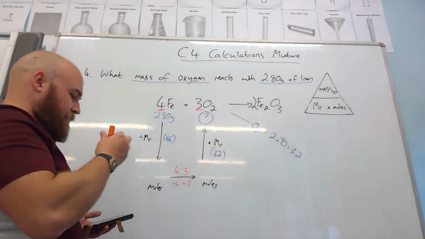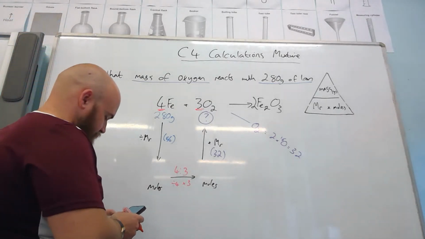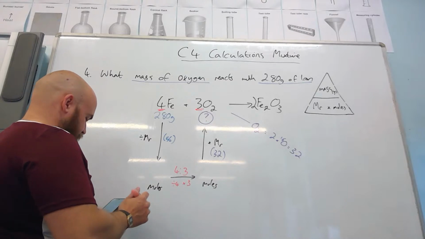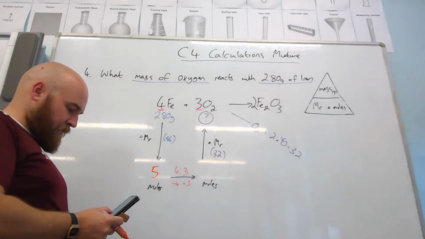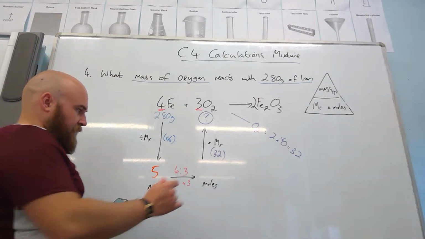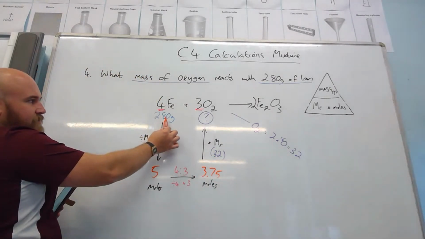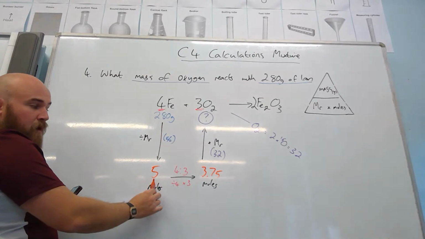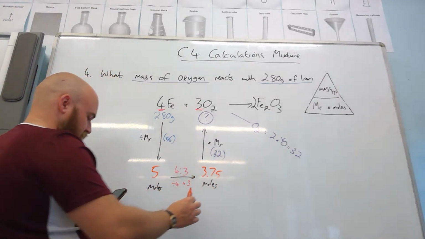So, starting with 280 divided by 56 is 5.5 moles. Brilliant. Divide that by 4 times by 3, you get 3.75. So I know if I've got 280 grams of iron, that equals 5 moles of iron, and I need 3.75 moles of oxygen to react with it.